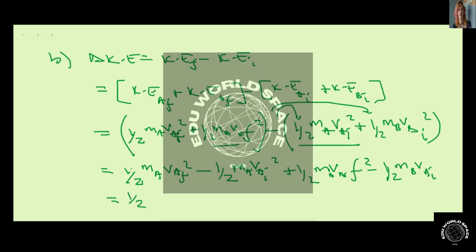There's a big 1/2 outside, and then we have m_a times v_a final squared minus v_a initial squared, plus, you have to change this part right here because it's a single. We pulled out the 1/2 outside because it shows up in all of them. So we want to have that. So this is plus m_b v_b. I should have called this v_b final.